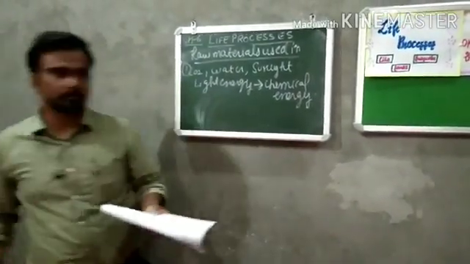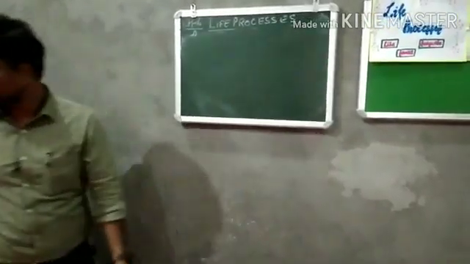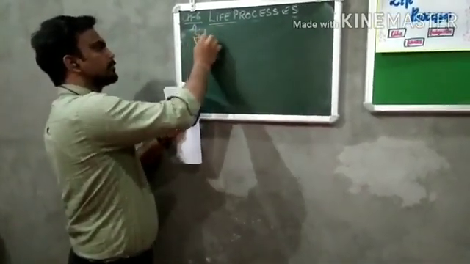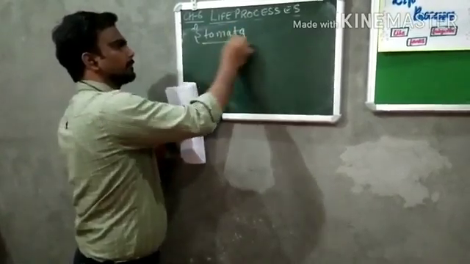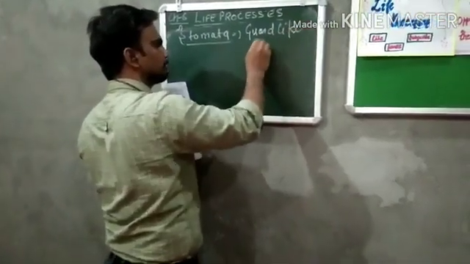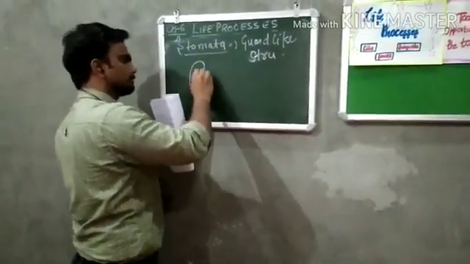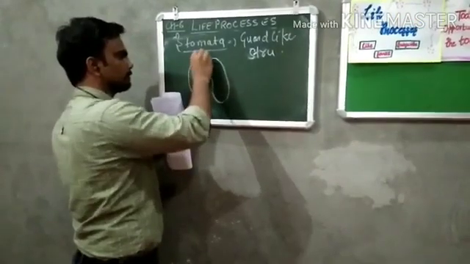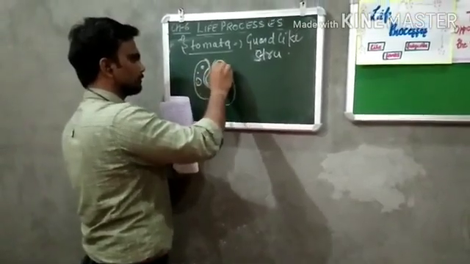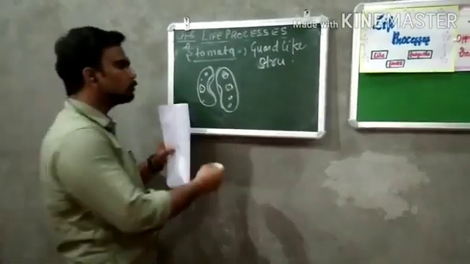Now, the next topic is how this photosynthesis takes place, in the presence of stomata. Stomata are guard-like structures. What do these stomata do?